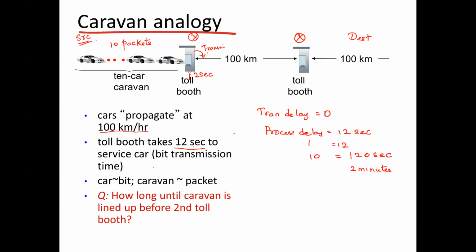Now the question is, how long until the caravan is lined up before the second toll booth? We want all the cars to come in front of the second toll booth. That means all the 10 cars have to travel in this medium, on this road. So what type of delay is this? If it has to travel in the medium, what type of delay is that?